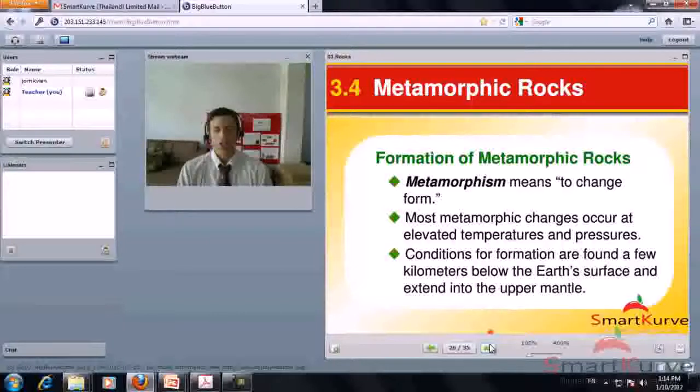Metamorphic changes occur at elevated temperature and pressure. When the rock is very hot and it's under a lot of pressure, like in a pressure cooker, the conditions for the formation are found a few kilometers below the Earth's surface. So metamorphic rocks do not form on the surface of the Earth. Metamorphic rocks form deep inside the Earth.